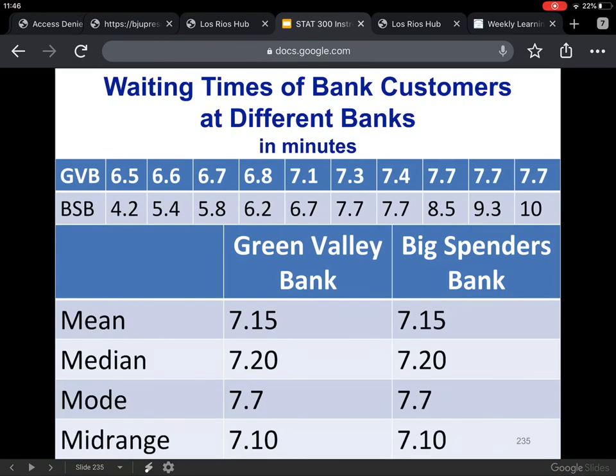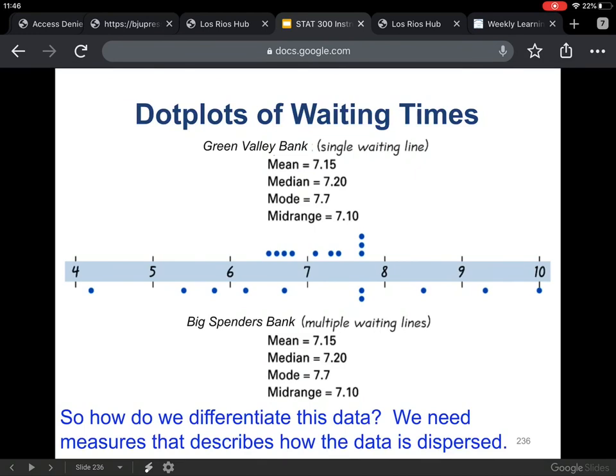But if you take a look, the data sets are not exactly the same. Here's a dot plot that we talked about in chapter 2, showing the span of my data values, or the range of my data values. Well, if you take a look at this, it looks like the top bank, Green Valley Bank, is more consistent with their wait times.